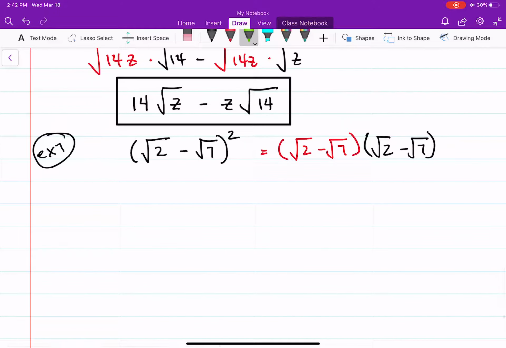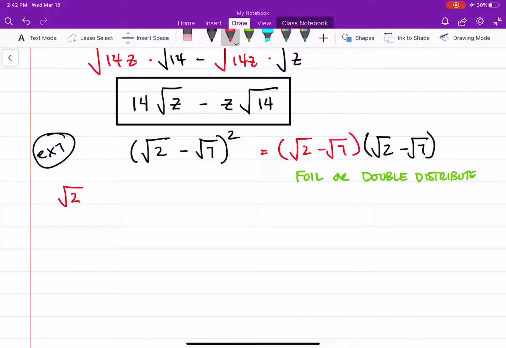And you would FOIL or double distribute. Me personally, I would double distribute these because it's a lot harder to see when you're foiling. So what I would tell you to do is write it out as a double distribute.